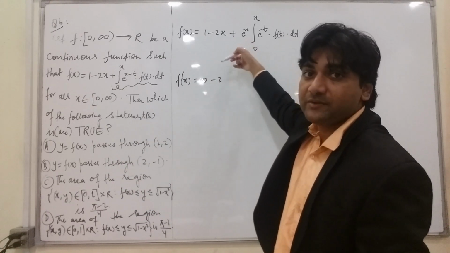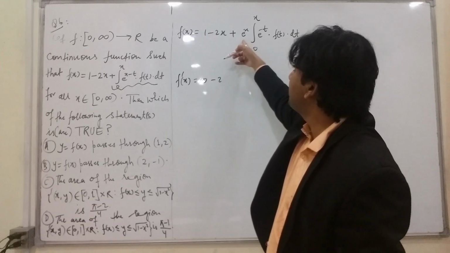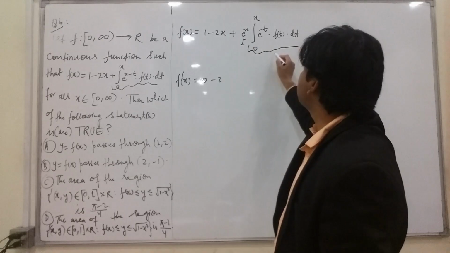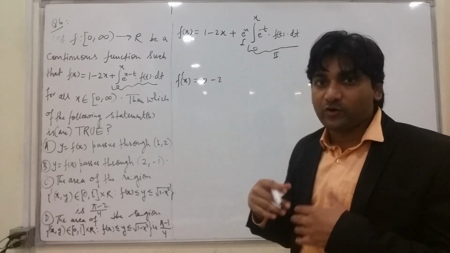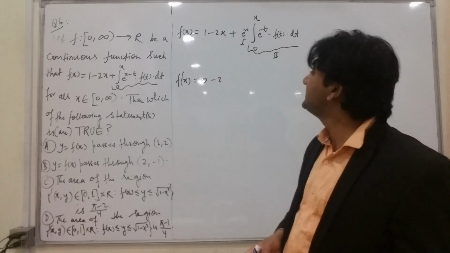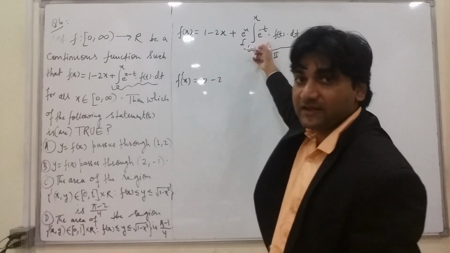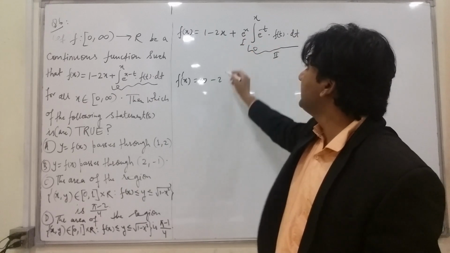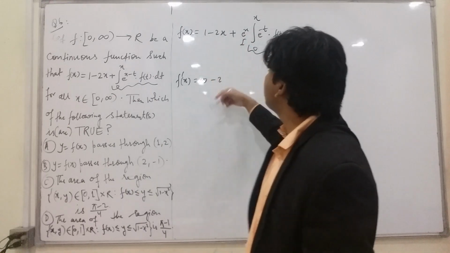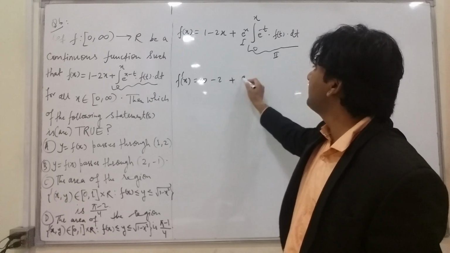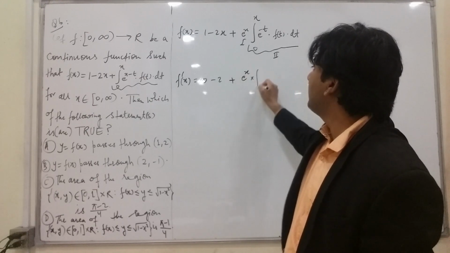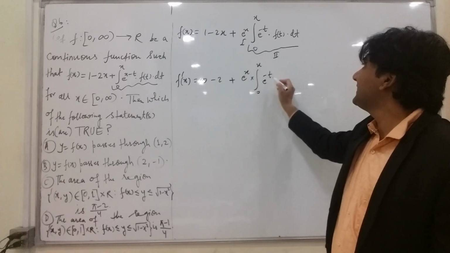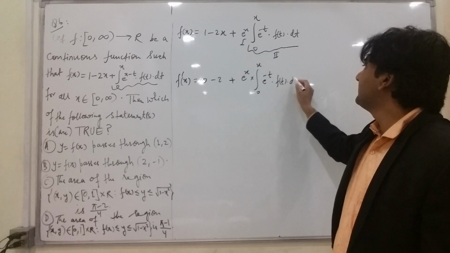Now here I have to apply the product rule. This is my first function and this whole is the second function. Now the product rule of differentiation says first function's derivative, then the second we keep as it is, plus the first as it is, then the second's derivative. By the way, the derivative of 1 minus 2x is minus 2, plus e raised to x's derivative is e raised to x, and then I keep the second one as it is, that is 0 to x e raised to minus t f of t dt, right?